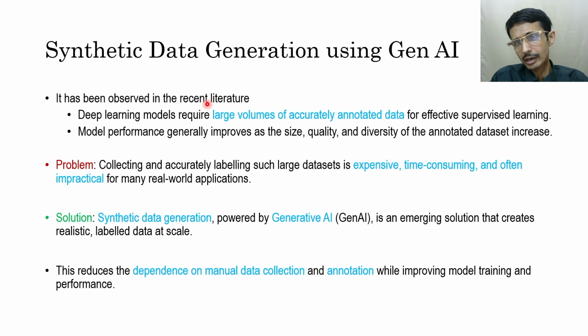Similarly, in underwater exploration, getting images is very tough. There are very few examples, images or videos, of a particular type of fish or any underwater creature. So these are the basic problems of getting a large annotated data set, which is very much required for these deep learning models.